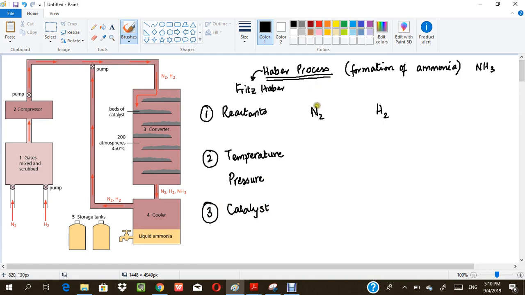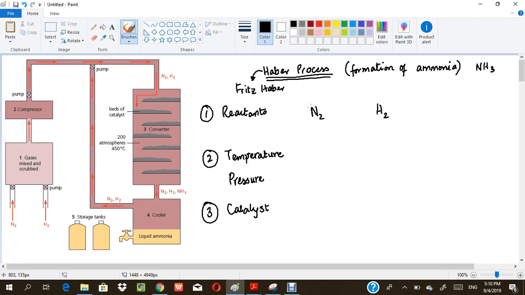So now, let's talk about the reactants first. The reactants are nitrogen gas and hydrogen gas. How do we obtain each of these two? We know that air contains 78% nitrogen. It means that air itself is the biggest possible source of nitrogen available to us. So, we take air, we cool it down to a very low temperature, that is, we liquefy air, and then we fractionally distill air.